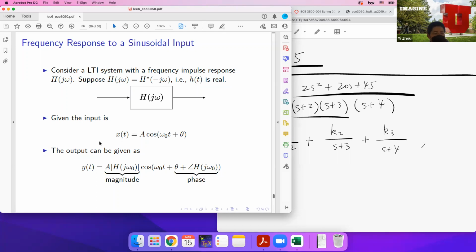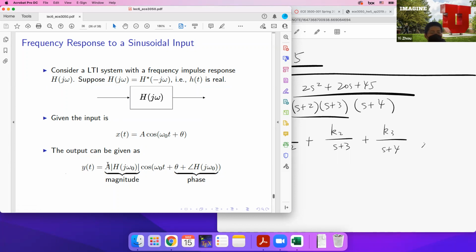So given such an input and given such a system frequency response, the output can be shown to take this form.